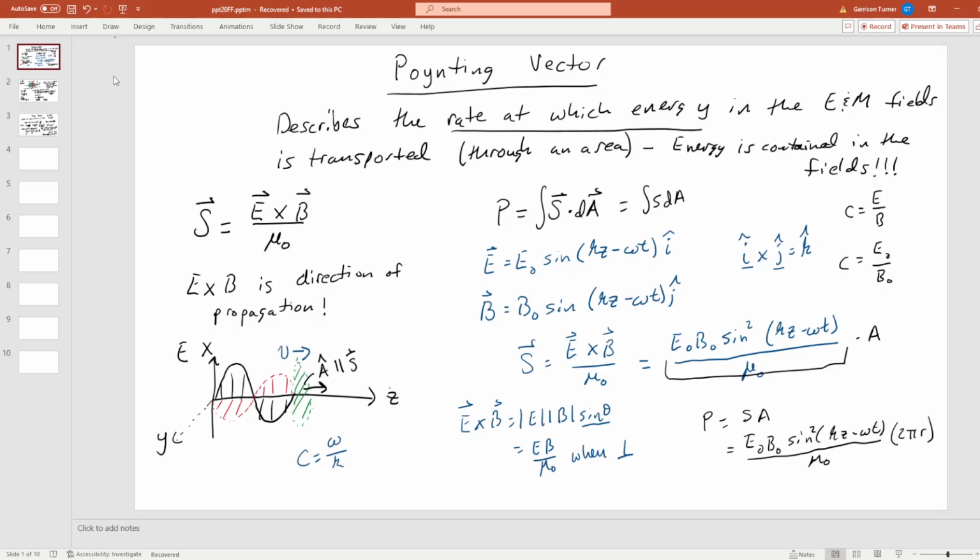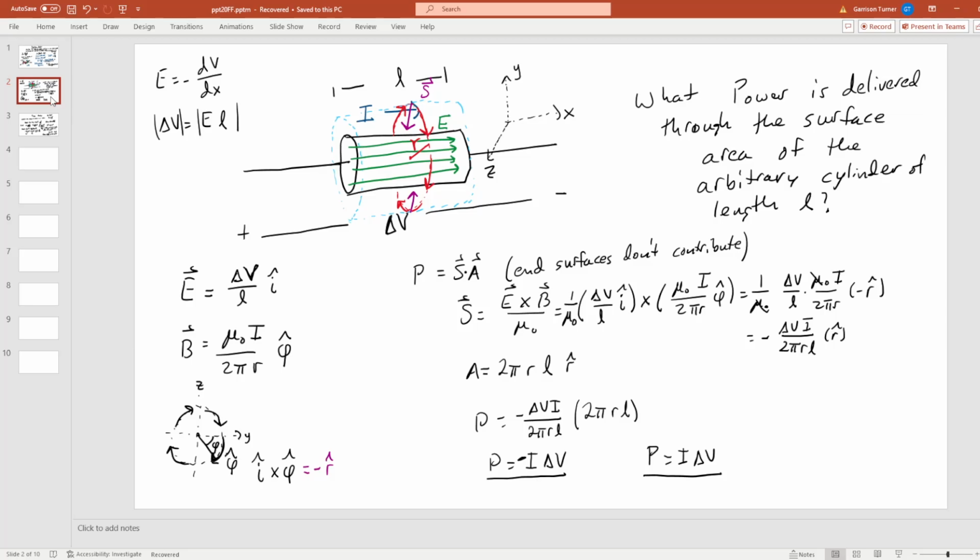Okay, so the point being, to recap, your Poynting vector gives you the rate at which your energy moves through boundaries, through areas, right? And it is the fields that actually then deliver that energy to your circuit elements. Okay?